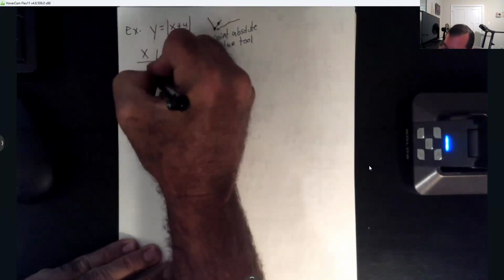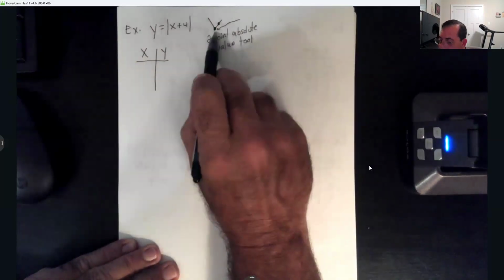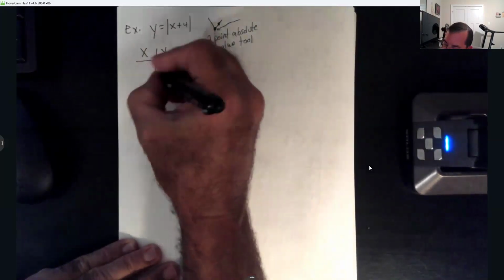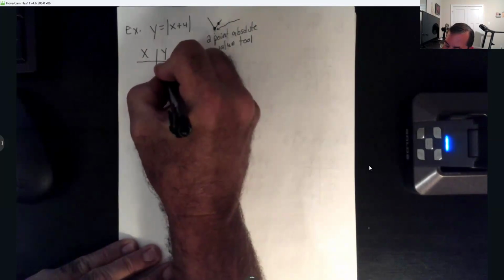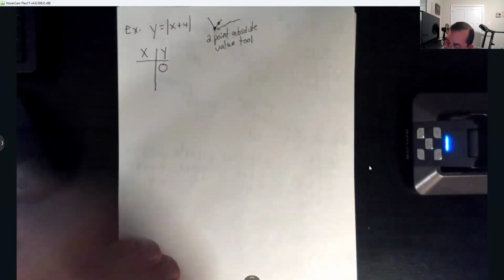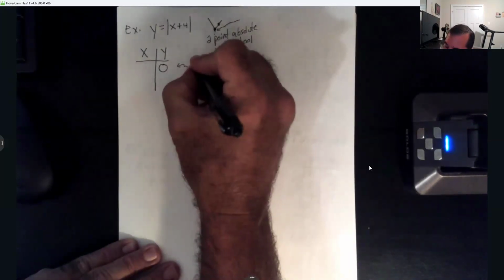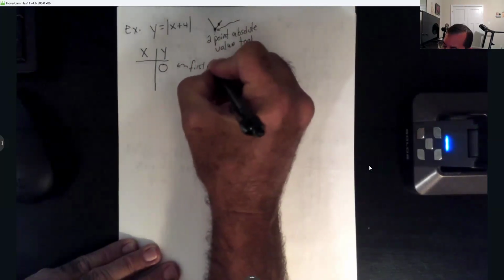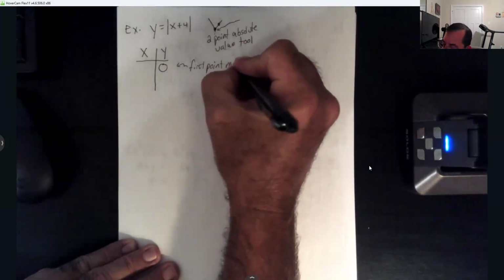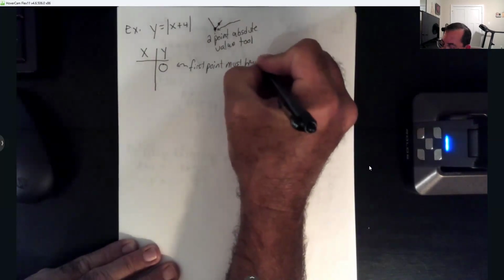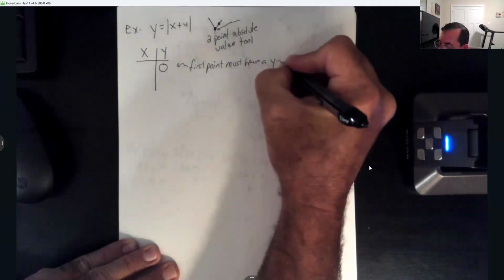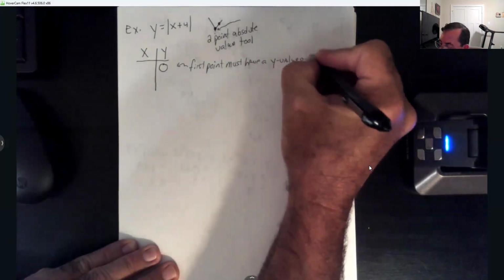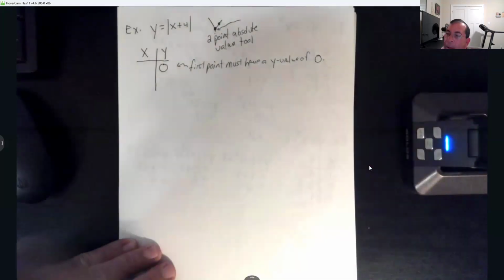Now, the thing about this V point is it's going to have a Y value of 0. So let's make a note of that. The first point must have a Y value of 0.